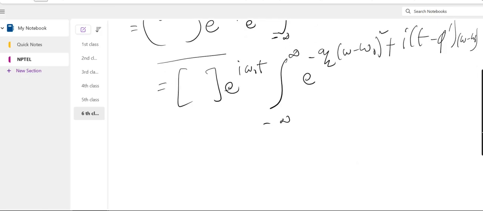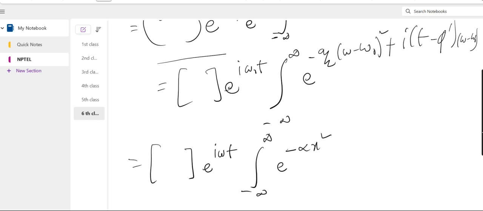Okay. So you can write this as e to the power minus alpha x square plus beta x dx. Okay.